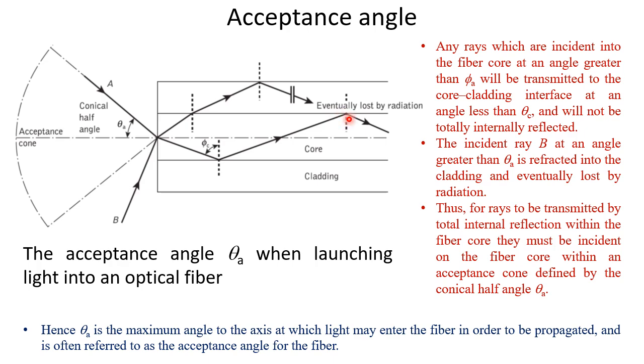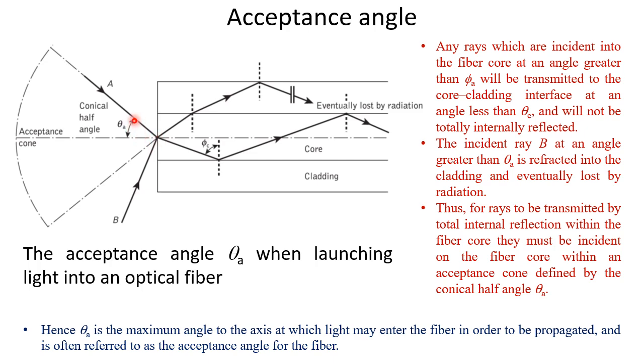Then again this angle will also be slightly more than the critical angle, so internal reflection will take place and it will continue. That means the fiber is accepting this particular ray.